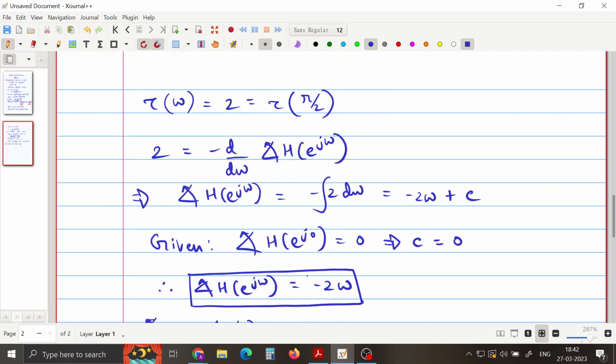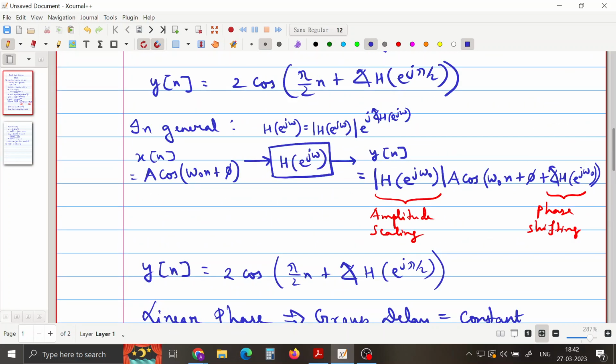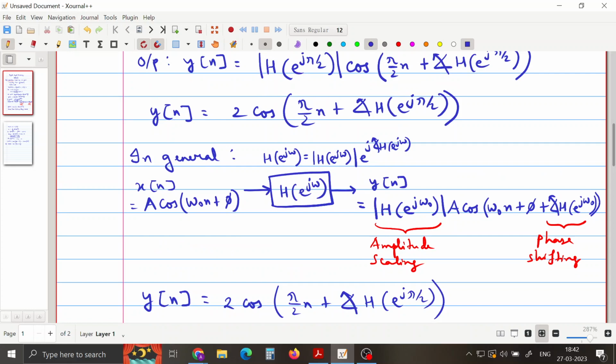In general, the output is given by this. First, the amplitude scaling factor is given by the magnitude response at omega naught. So our omega naught in part B is 7 pi by 2, and that scaling factor will be the magnitude of capital H of e power j 7 pi by 2.